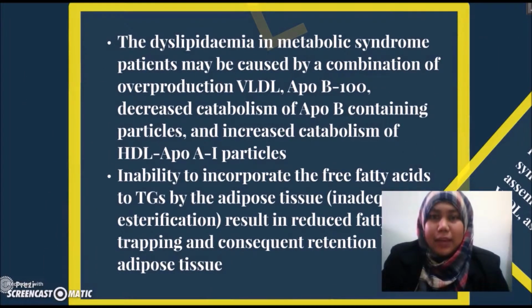The dyslipidemia in metabolic syndrome patients may be caused by a combination of overproduction of VLDL ApoB100, decreased catabolism of ApoB containing particles, and increased catabolism of HDL ApoA1 particles. Inability to incorporate the free fatty acid to TG by the adipose tissue results in reduced fatty acid trapping and consequent retention by the adipose tissue.